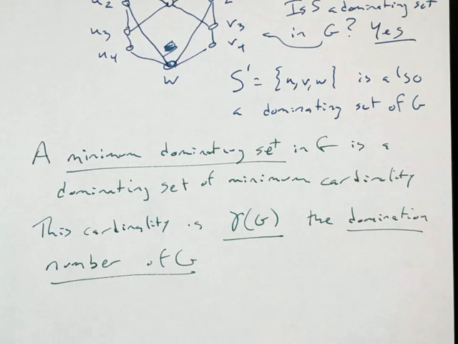Now, an interesting note is that I've run out of symbols. That's the lowercase Greek letter gamma. But gamma is also used in a different way to talk about the genus of a graph.